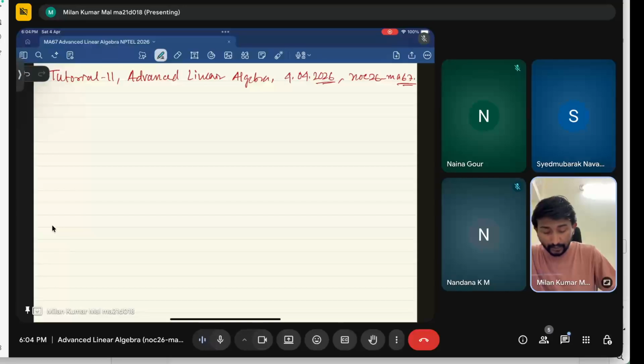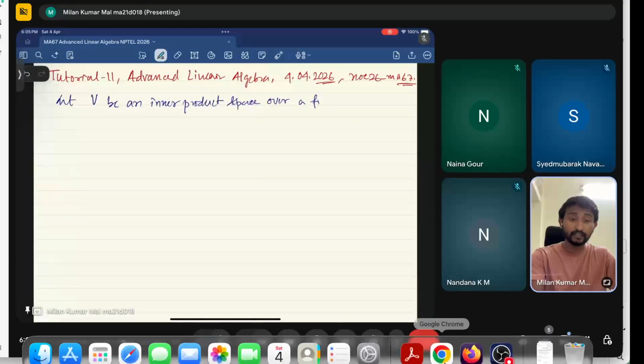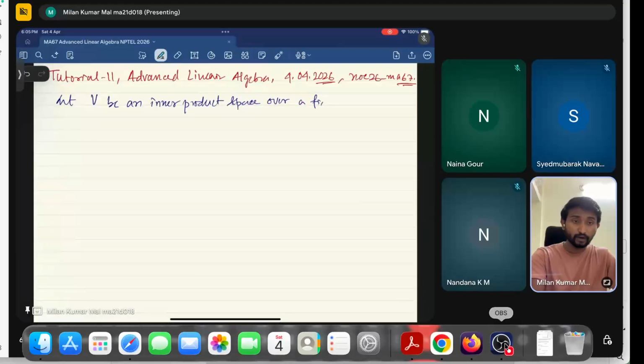Let V be an inner product space over a field F. An inner product space is nothing but a vector space with an inner product given on it.